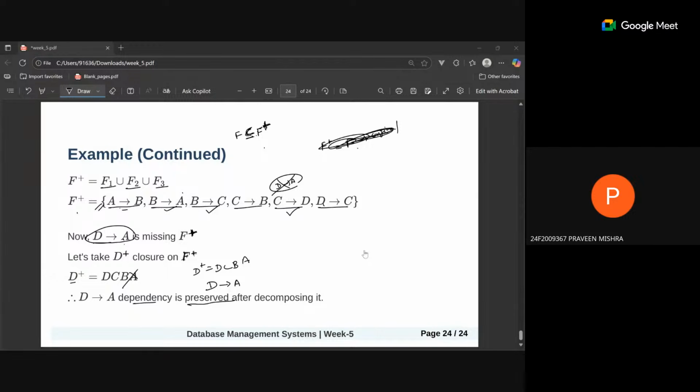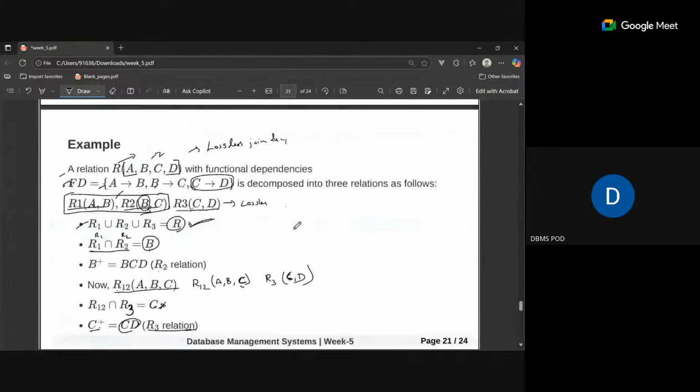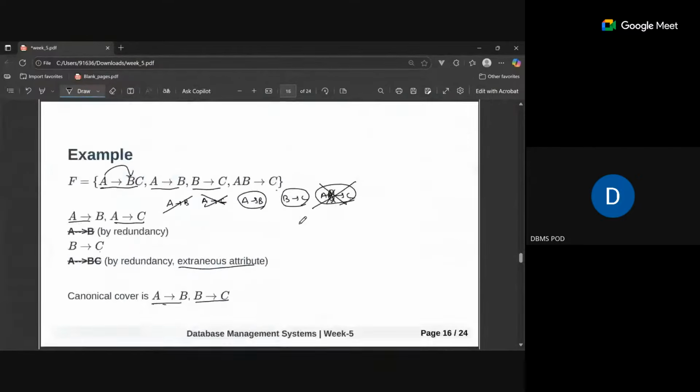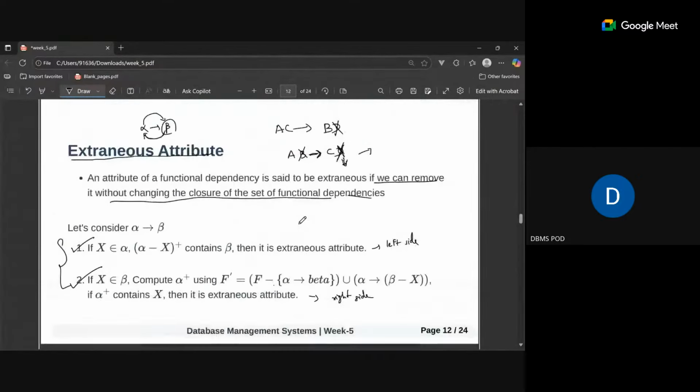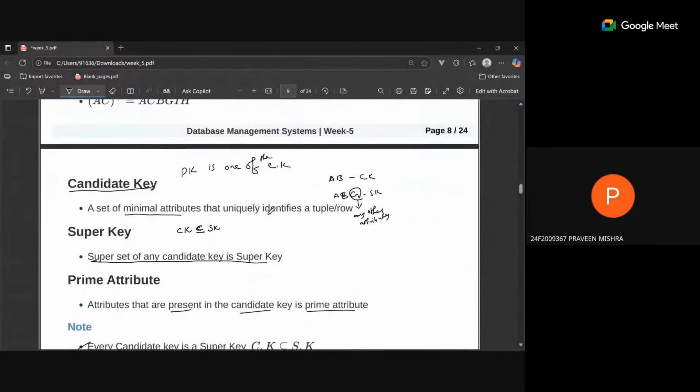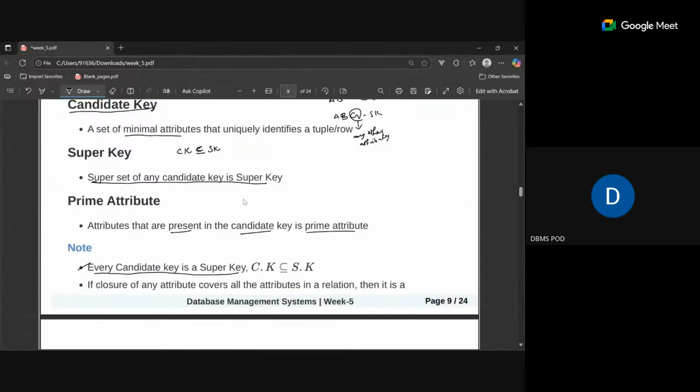Sir, we have prime attributes and non-prime attributes. Whatever candidate keys you are finding, if the candidate key is A, B, C, D, all these attributes are prime attributes. A is prime, B is also prime, C is also prime, and D is also prime.